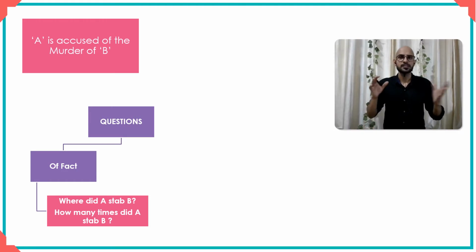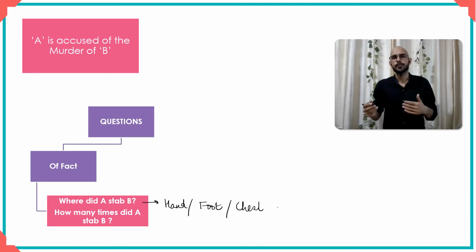Again, where he stabbed him is important, but it's a question of fact, because what are you going to say in response to this? You will say either hand, or foot, or chest. Whatever you say, the answer is a fact. You don't need to look at the law. You simply speak of a fact that, okay, he hit him here, he hit him there.